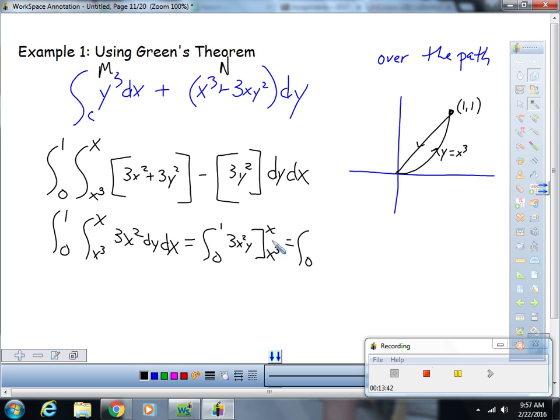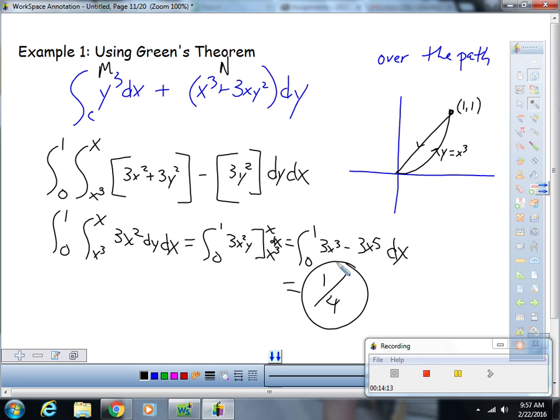So that's the integral from 0 to 1 of 3x cubed minus 3x to the 5th dx. Right? Are you still with me? Okay, so we'll just go from there, and I'll tell you that maybe you recognize this answer, but it's a fourth. We've done that question already a different way.